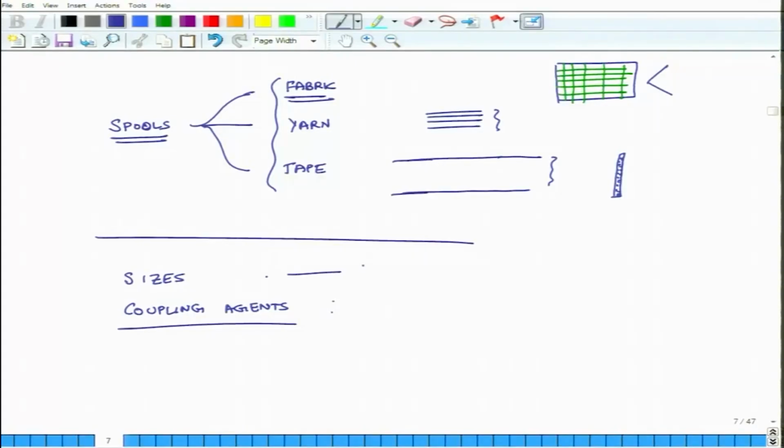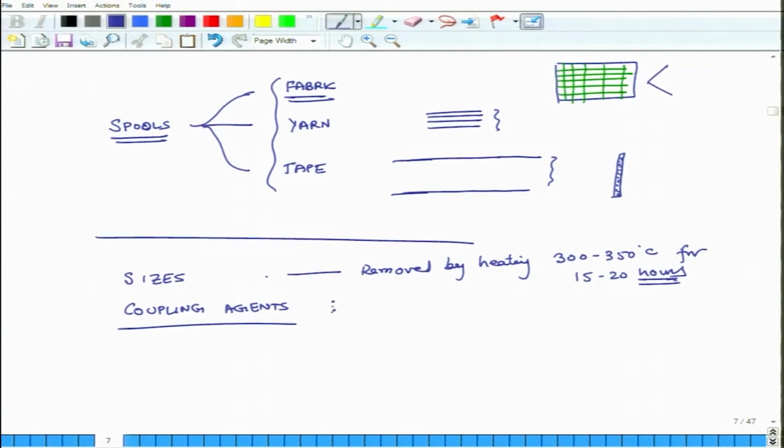So, sizing is removed by heating, maybe between 300 to 350 degrees centigrade for 15 to 20 hours. So, if you have some starch sitting on it, it will just degrade and decompose, oxidize, and go away. You do not worry about any residues and all that. Okay.